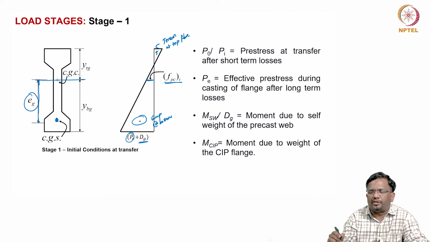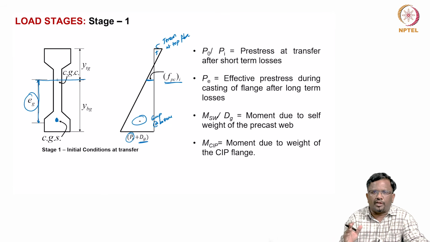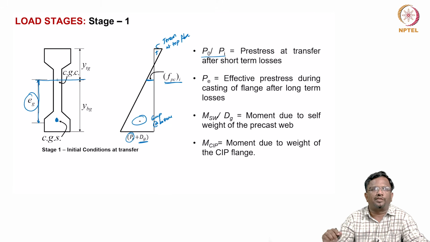Now, these are the stress states in stage 1, where only the precast pre-stress girder is there. While you transfer, the pre-stress will be Pi and the self-weight of the girder will be there. These are the nomenclature typically that we are going to use. P0 or Pi, typically Pi, is the pre-stress at transfer after short-term losses.